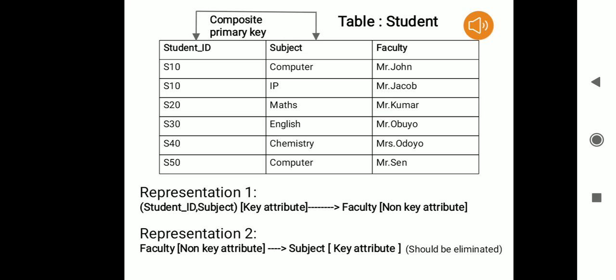As a result, now the non-key attribute faculty determines the key attribute subject, which is part of the composite key. And the composite key is student ID and subject taken together. This is shown by the second representation as pointed to by arrows. Since this representation shows a non-key attribute determining a key attribute, this is not acceptable as it gives rise to anomalies.